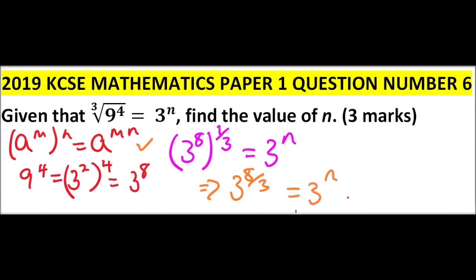Up to that stage, now we have the common base. 3 is the base, and once we have the common base, it means the powers of the index are the same, and this implies that n is equal to 8 over 3. So that's how you work it out, and you get yourself 3 marks.